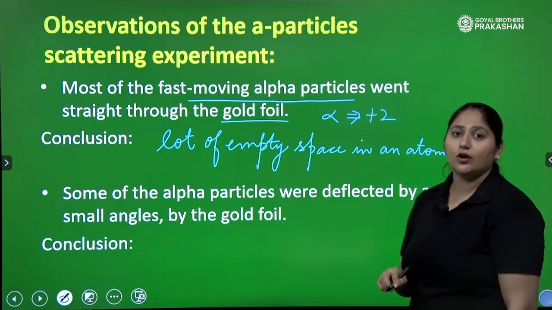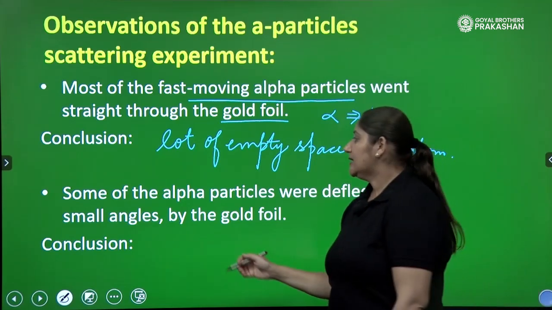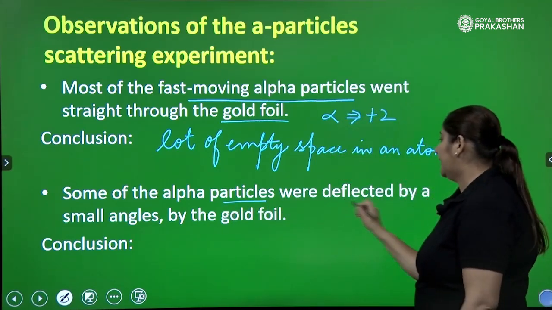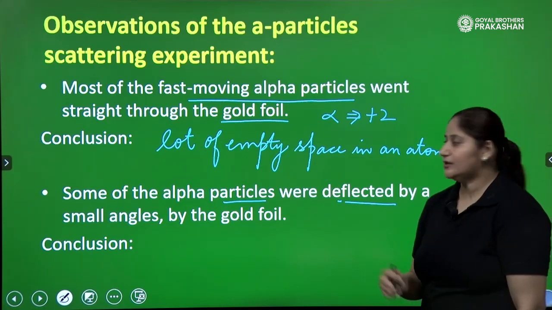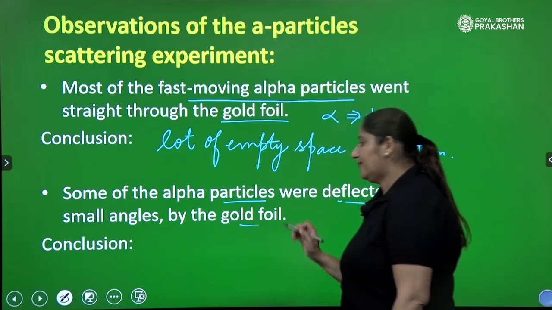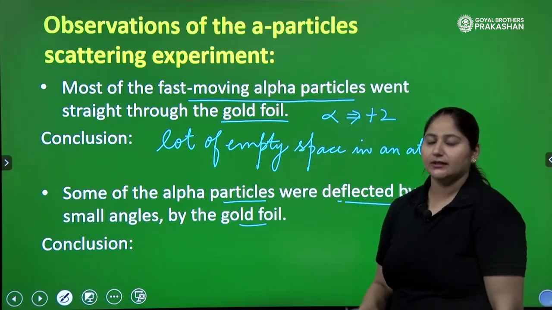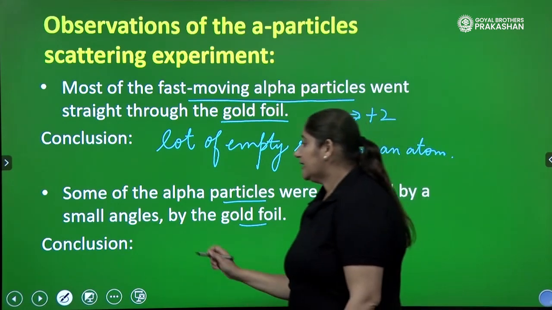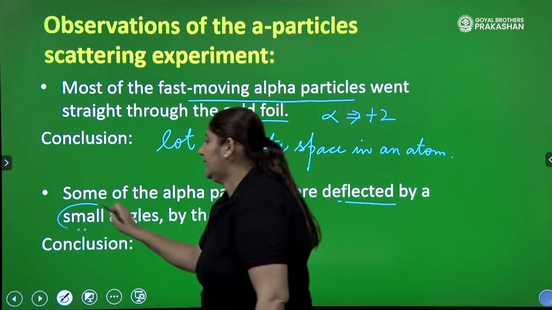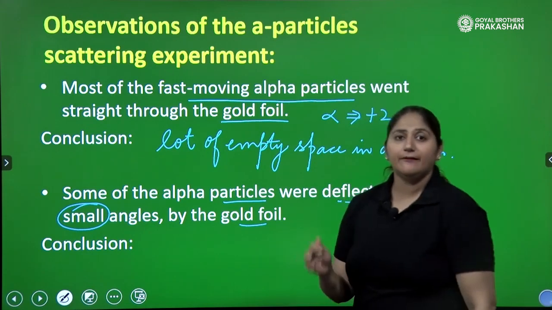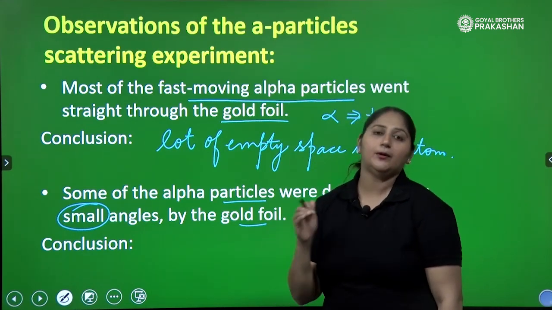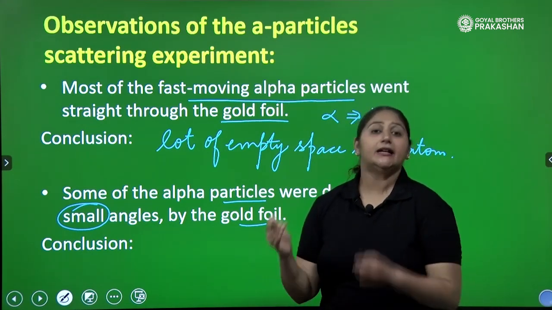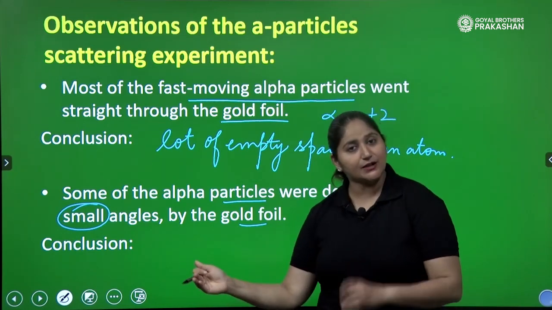The second observation he found was that some of the alpha particles were deflected by small angles or large angles by the gold foil. So what was the conclusion? If they are deflected by some angles, it means alpha particles being positive, how will a positive charge be deflected? It will be deflected by some positive charge only.